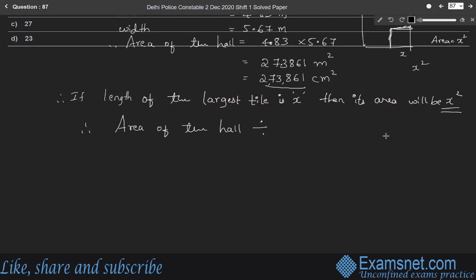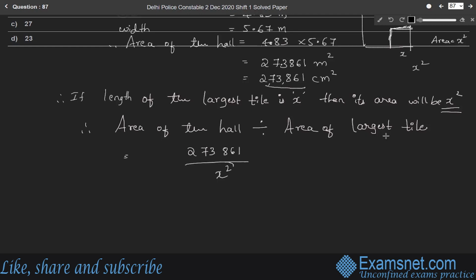Therefore, area of the hall divided by area of largest tile is equal to 2,73,861 divided by x square, right?